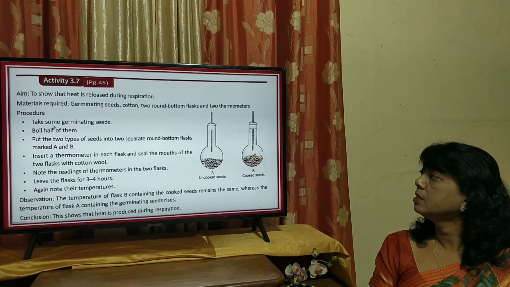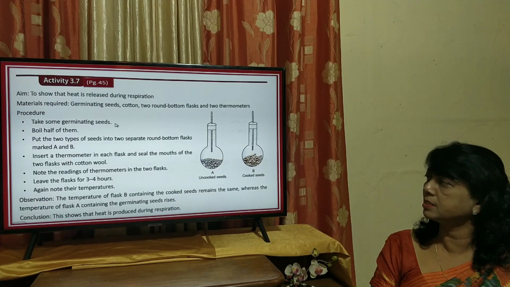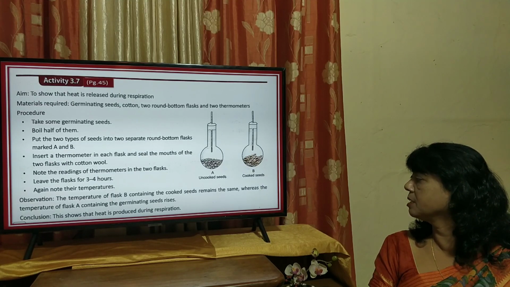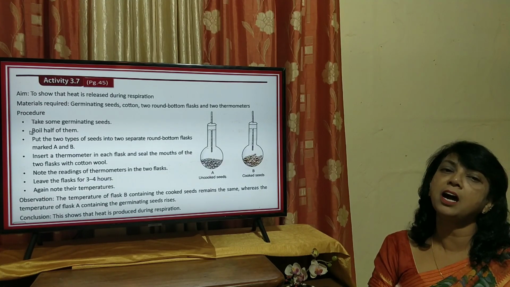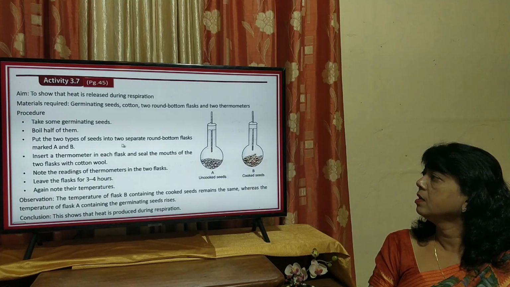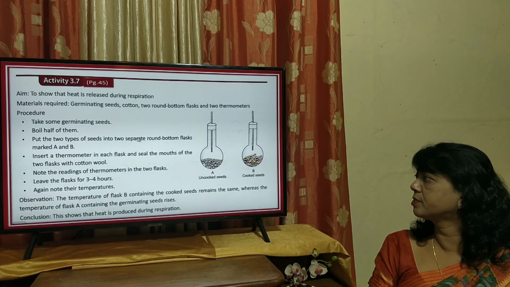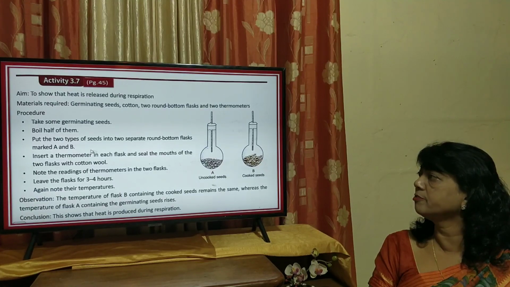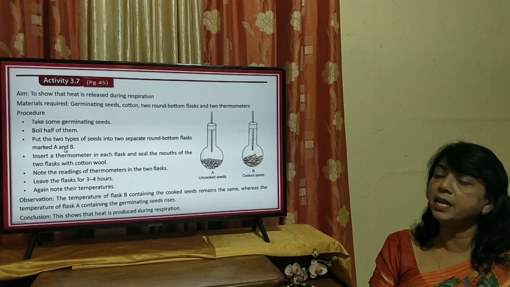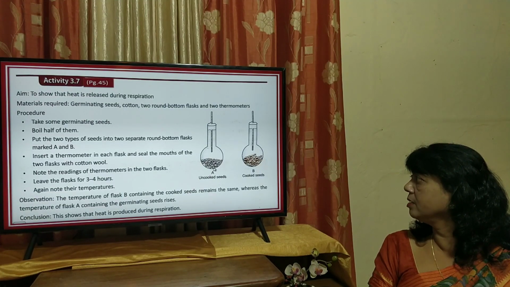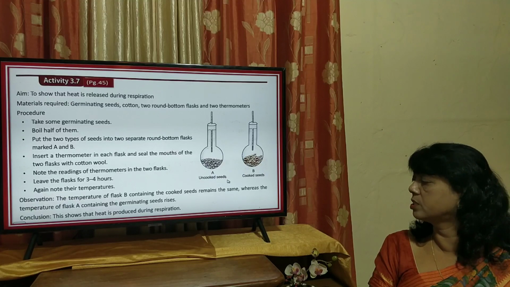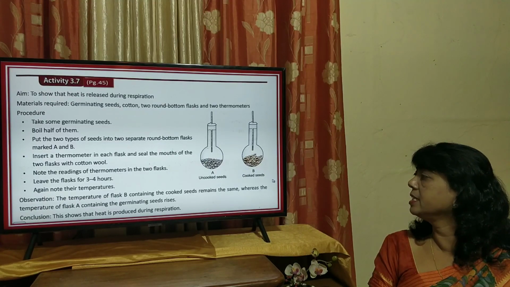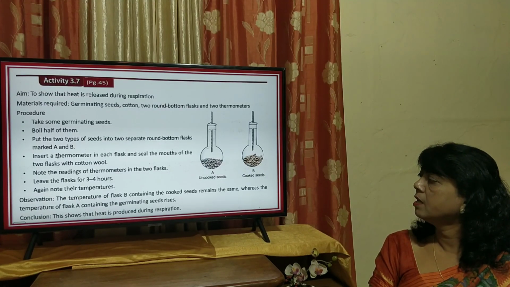Procedure. Take some germinating seeds. Like this, we'll take some germinating seeds and boil half of them. Put the two types of seeds into separate round bottom flasks marked A and B. Like one here we have marked as A and the other one as B. A contains uncooked seeds and B contains boiled seeds.